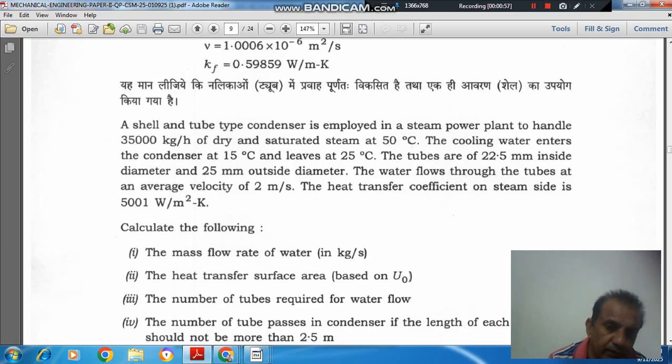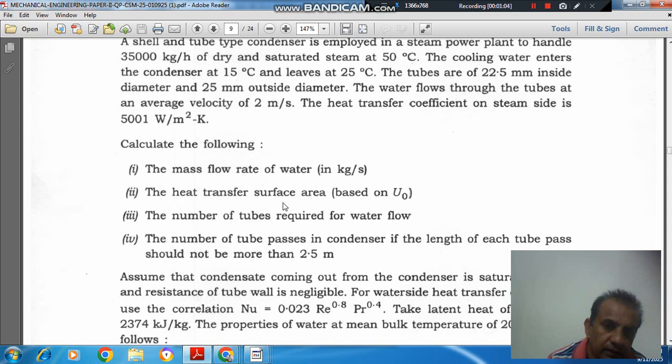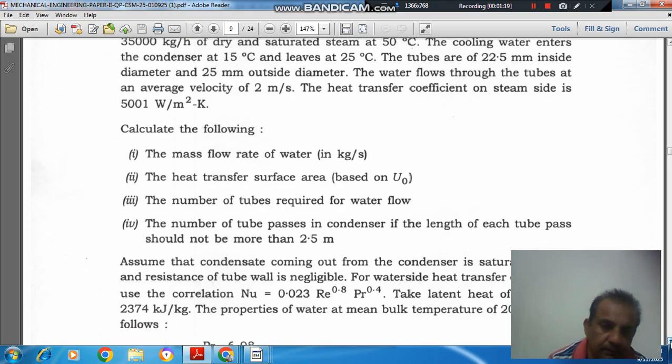Calculate the following. 1. The mass flow rate of water in kilogram per second. 2. The heat transfer surface area based on U naught. 3. The number of tubes required for water flow. 4. The number of tube passes in condenser, if the length of each tube pass should not be more than 2.5 meters.